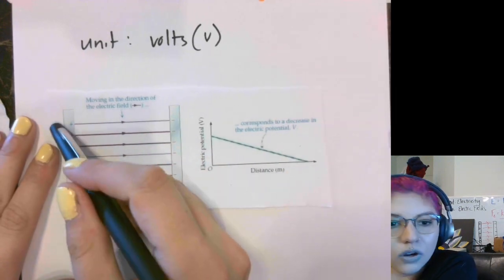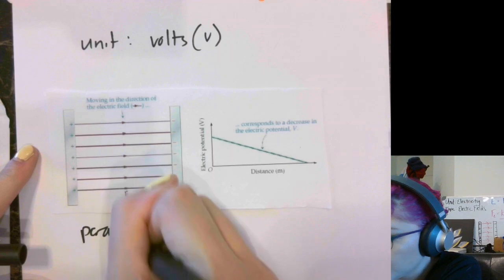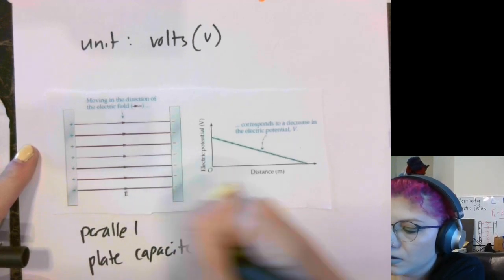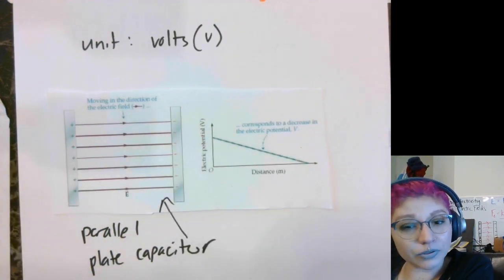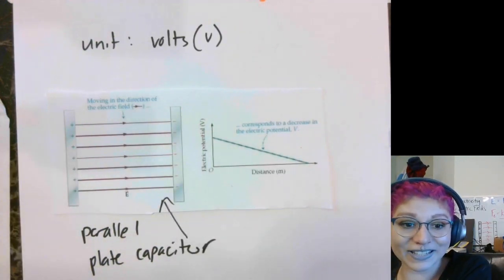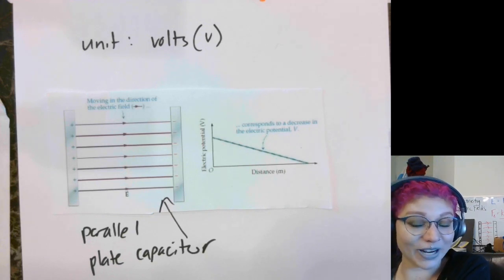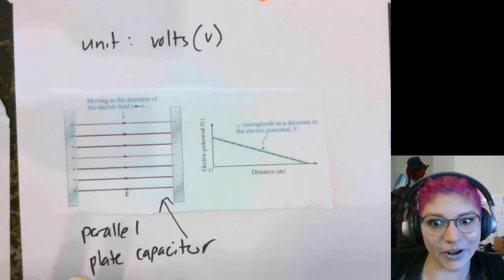So right here we have a parallel plate capacitor. And I've used this as an example a few times now, and it's because parallel plate capacitors are really cool for explaining these concepts.